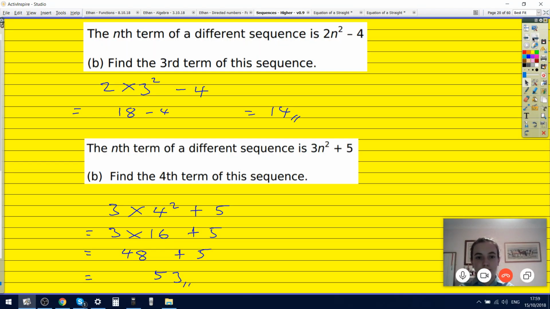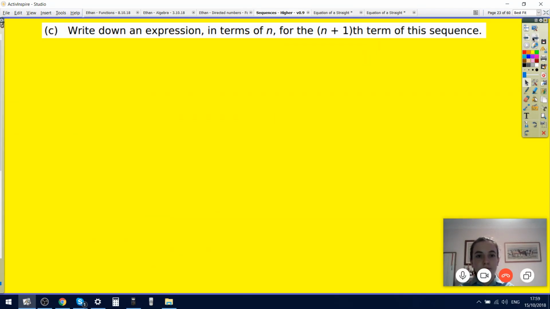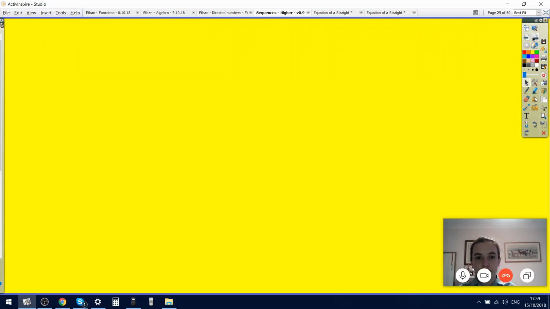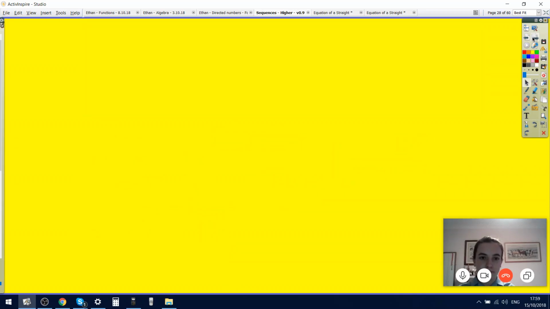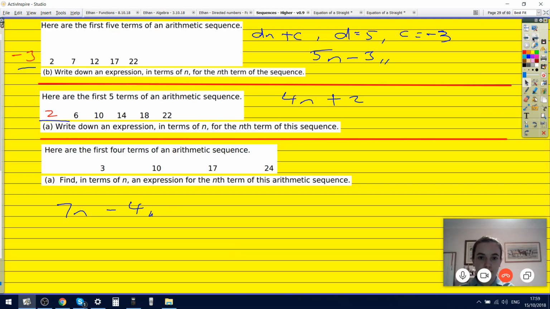So these with quadratics you were fine, just BIDMAS. These ones, the easiest way is just write out sequences by subbing in the first 5 terms in each case. How did you get 5n minus 3? Because the difference is 5, and then 2 minus 5 is minus 3. That's it.